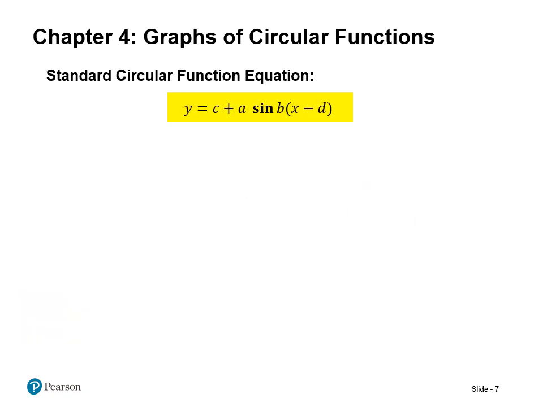Okay. Now all graphs don't look like this, because the expression is different for each potential equation, right? So here we have the standard equation for a circular function, or any of the trig functions. Where you see sine, you could put cosine, tangent, cotangent, secant, cosecant.